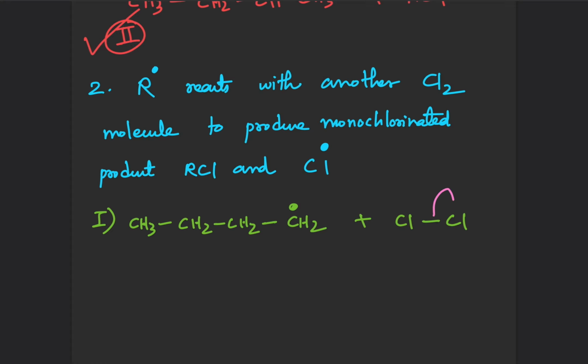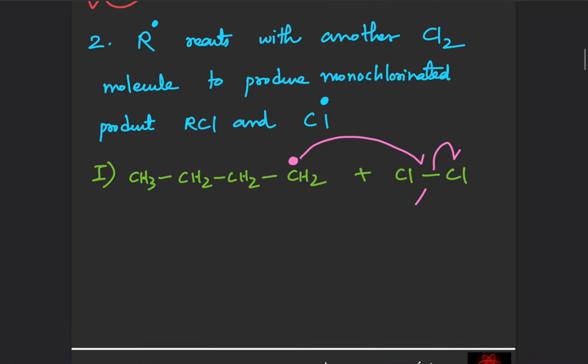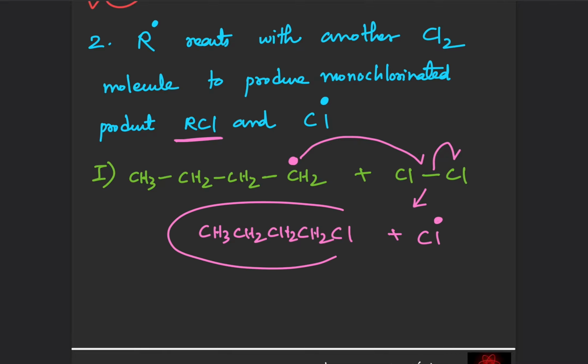Obviously, one electron goes, so we'll get a Cl radical, and this radical combines with another Cl radical to give us the product RCl. So in this case, you will get CH3, CH2, CH2, CH2, Cl plus chlorine radical. So this is one of the products that we get after monochlorination of n-butane.